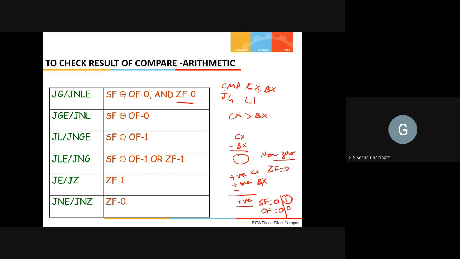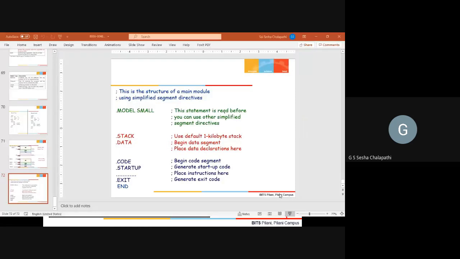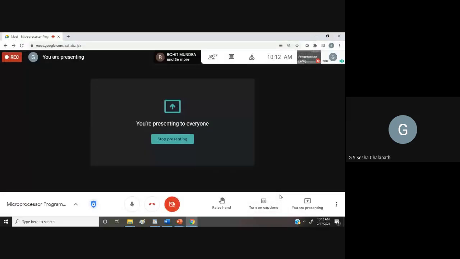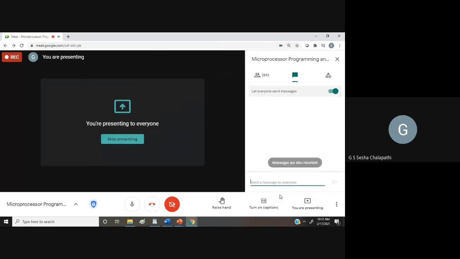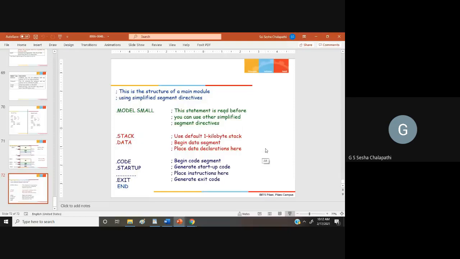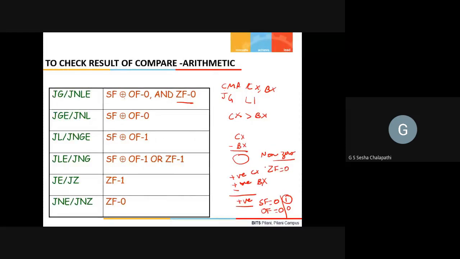I'm subtracting BX from CX, and the sign flag becomes 1, meaning a negative number is coming up. When will that happen? Anybody? That will happen when BX is greater than CX.